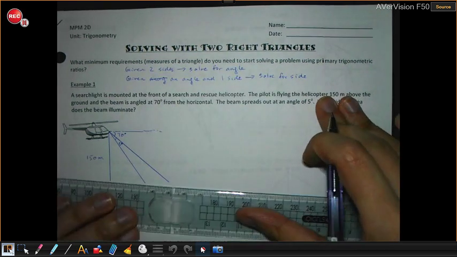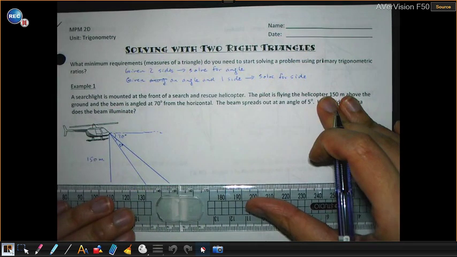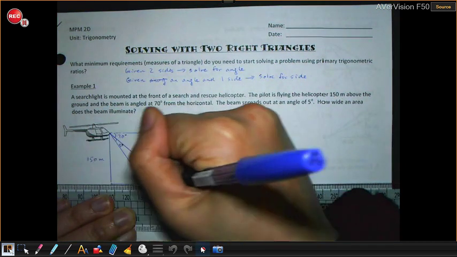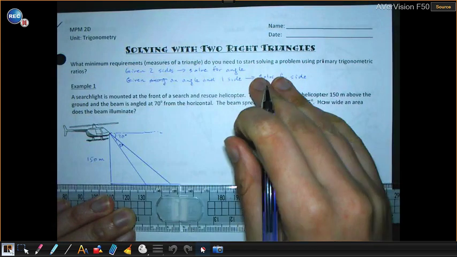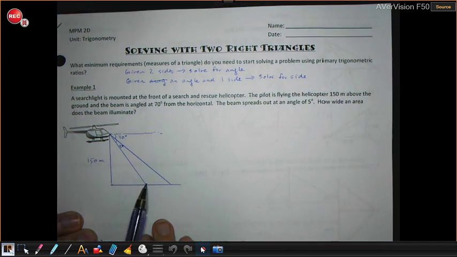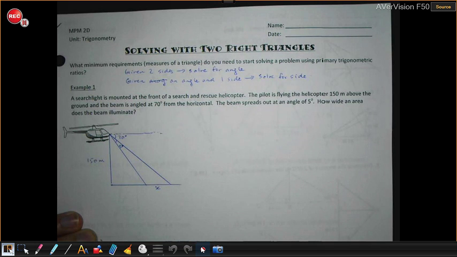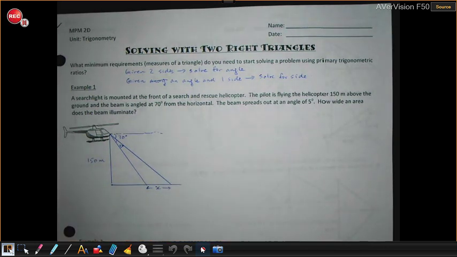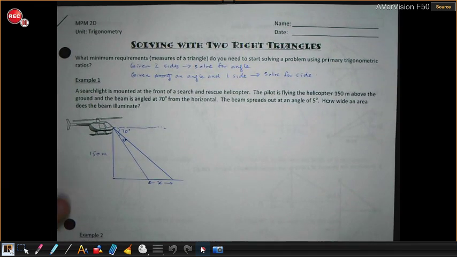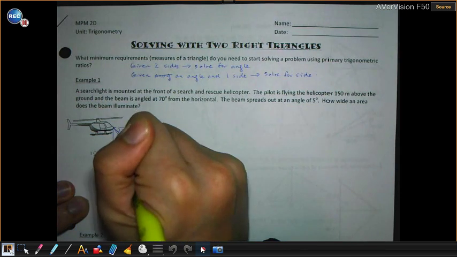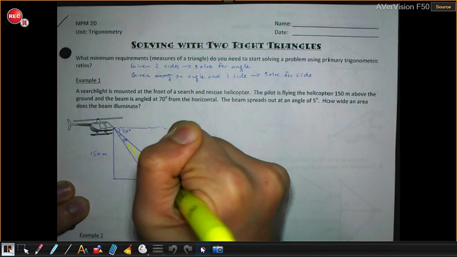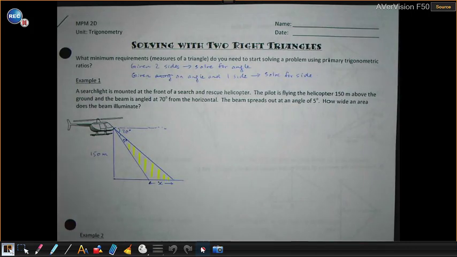So we have to look for how wide this beam is here on the ground. Okay, so I'll say we're looking for x. Let me highlight it so it's clear that this is the beam. All right.